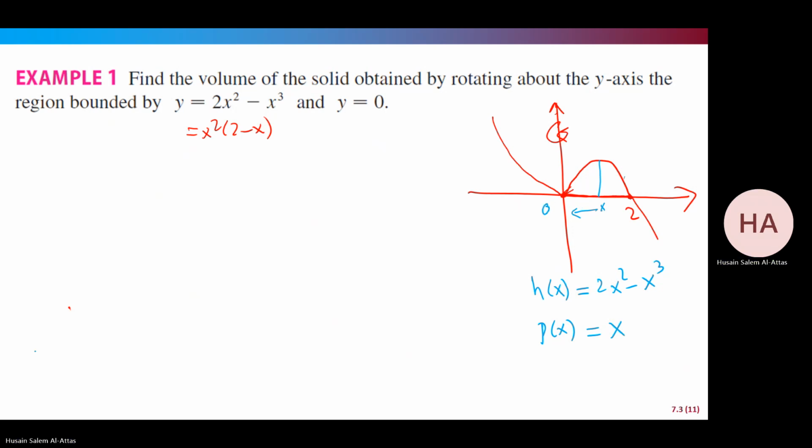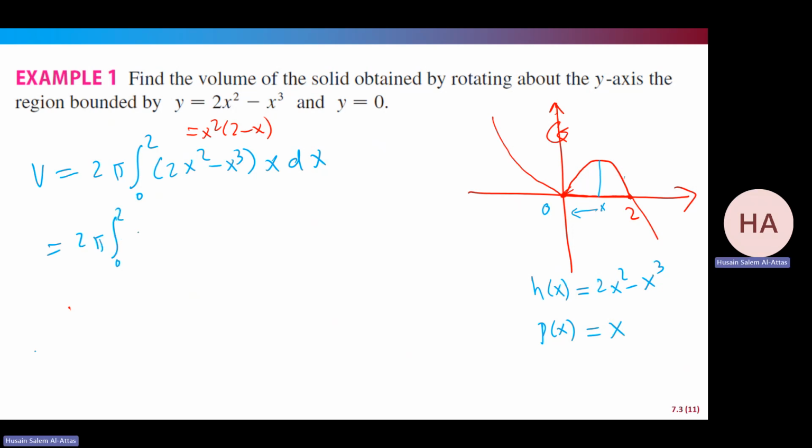Very clear. So the volume will be 2 pi integral from 0 to 2 of this one times x dx, which is 2 pi integral from 0 to 2 of 2x cubed minus x to the power 4 dx. That will be 2 pi times, I have here 2x to the power 4 over 4 minus x to the power 5 over 5, and that from 0 to 2.